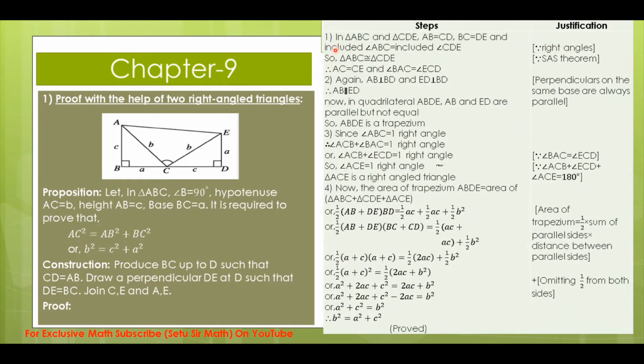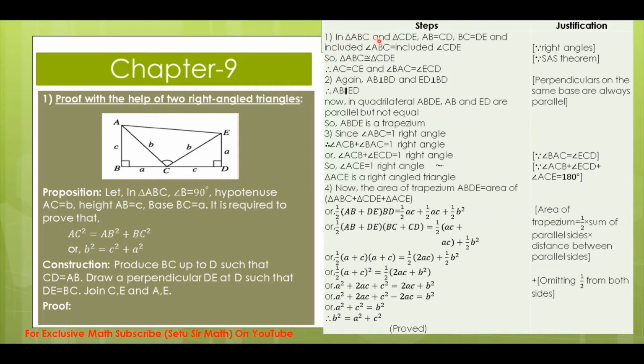This is the proof. At first we have to prove the congruence of triangle ABC and triangle CDE. As you remember, just before we have done CD equals AB, DE equals BC, so it is very easy to prove the congruency of these two triangles.